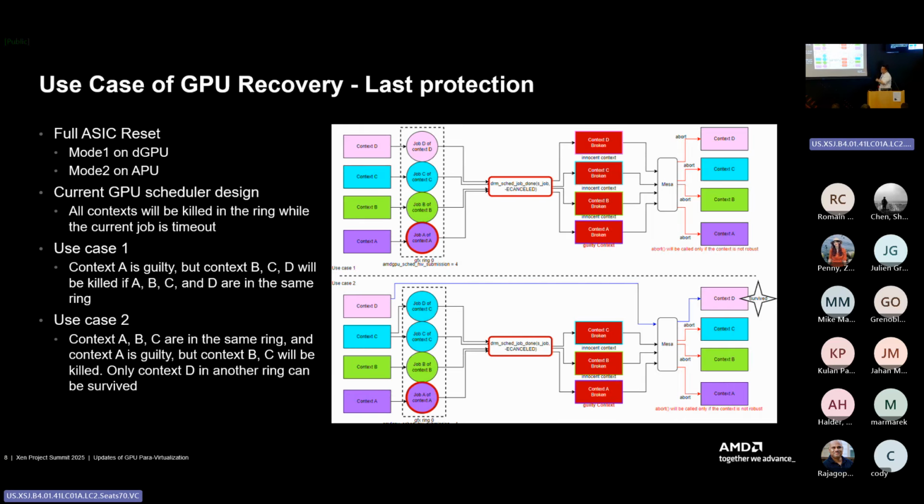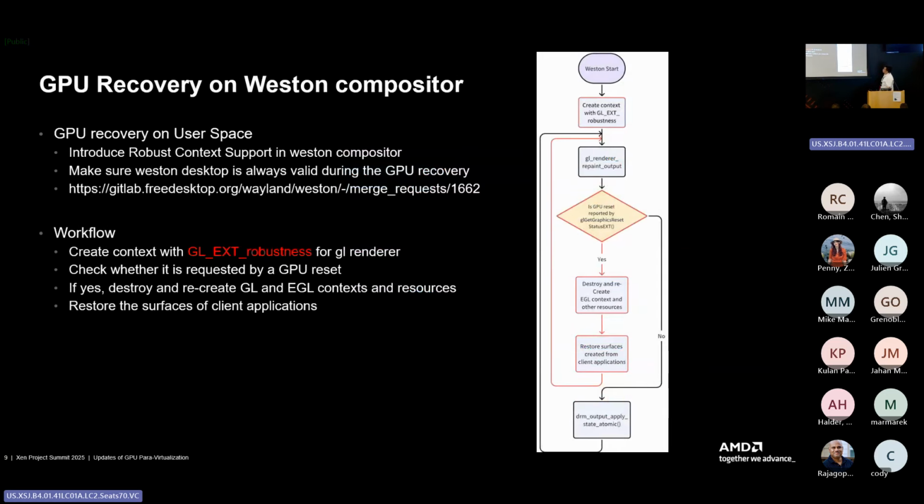So we introduce a method to resolve the two use cases for GPU recovery on the VirtIO GPU side. First, we will make sure the graphics desktop is protected. The graphics desktop is managed by the Weston compositor.